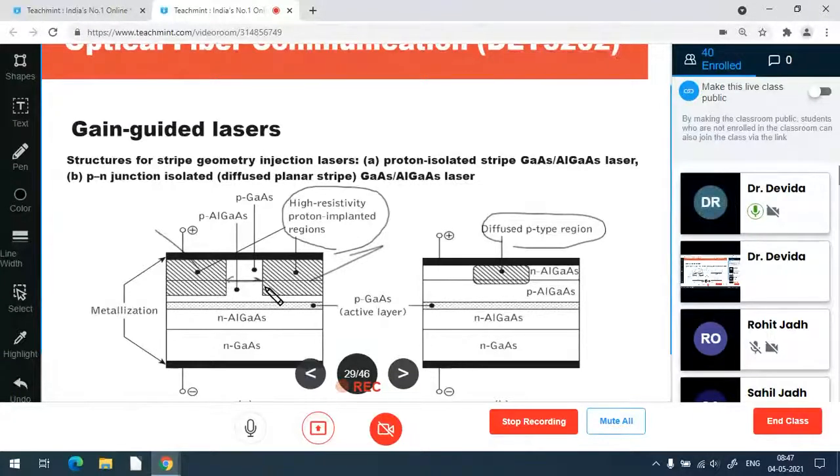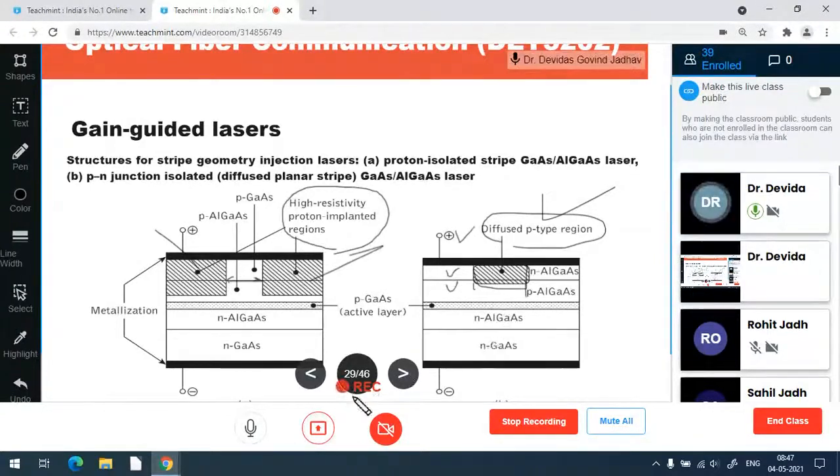Instead of the silicon dioxide layer, the proton implantation is also there. And in reverse bias, the N and P regions are made in such layers that it becomes reverse biased. N is near the positive connected battery. So a very small region is generated with the diffused P type, so only the P-type region conducts, other regions do not conduct.